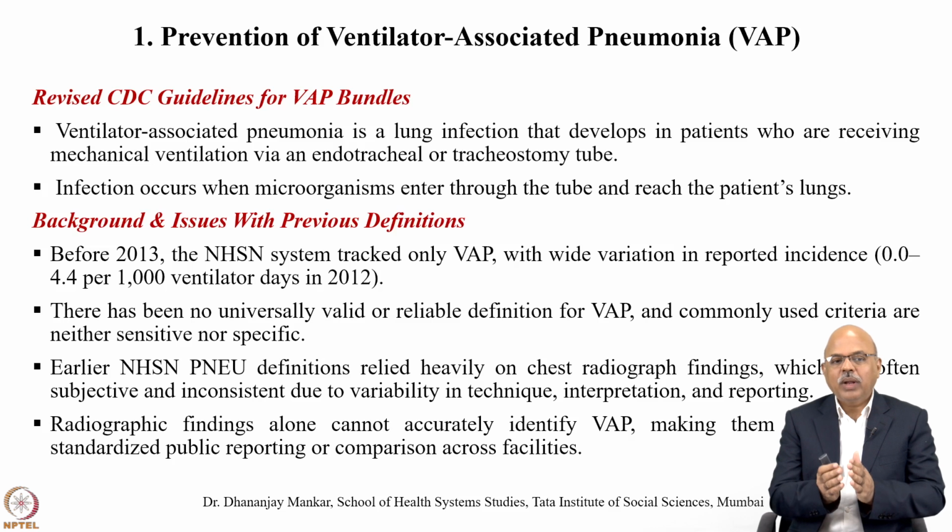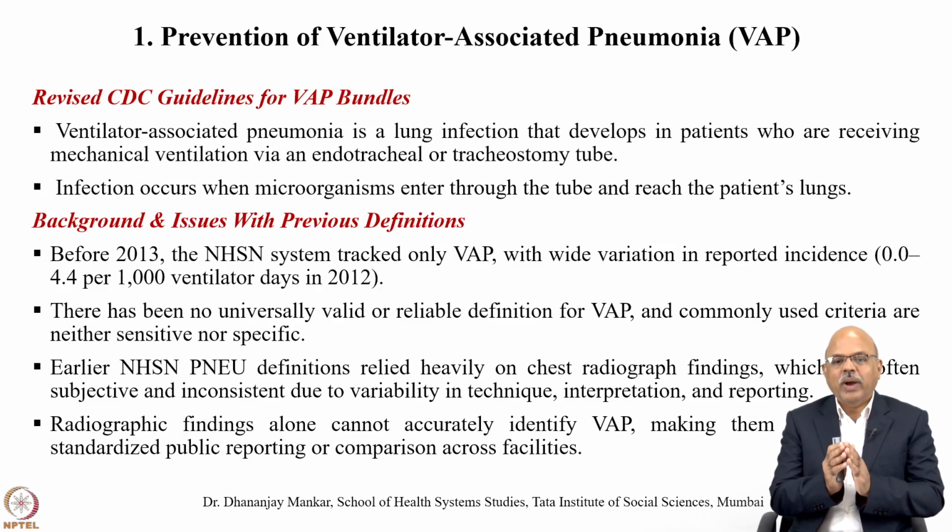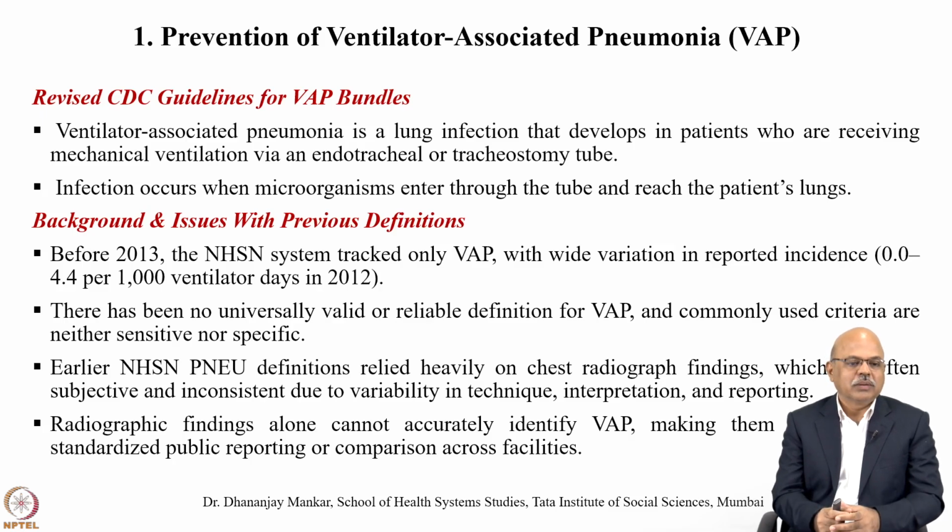What are the background and issues with the previous definition? Before 2013, the NHSN system tracked only VAP, with wide variation in the reported incidence, that is 0.0 to 4.4 per 1000 ventilator days in 2012.